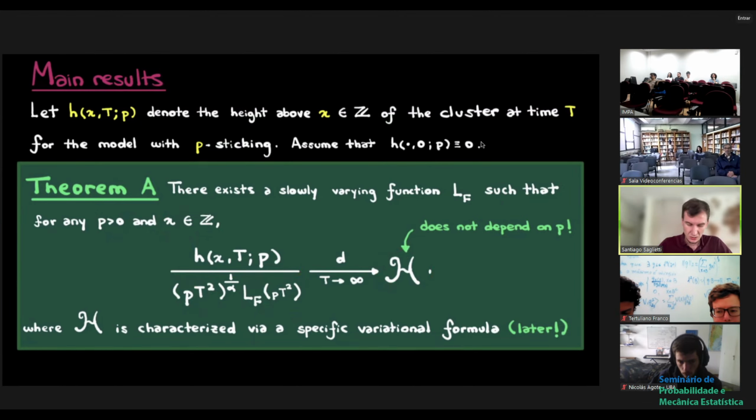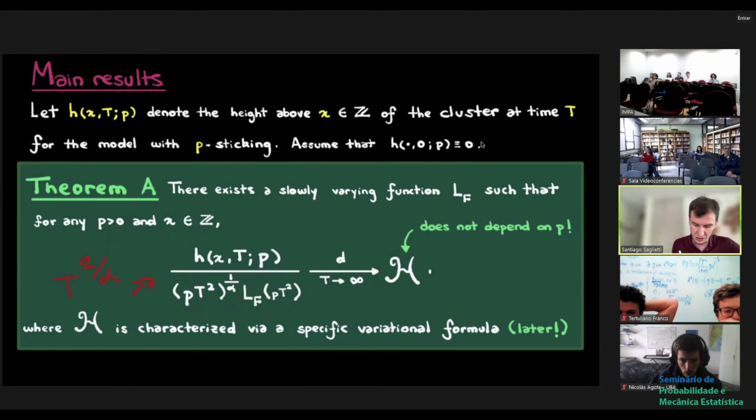I want to recall that alpha is in between 0 and 2. So in particular, if you disregard this, which is a slowly varying term, you can think it's like a log, so it doesn't really matter that much. This right here, for p fixed, behaves like t to the 2 over alpha.